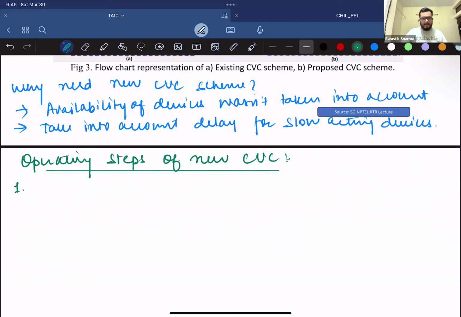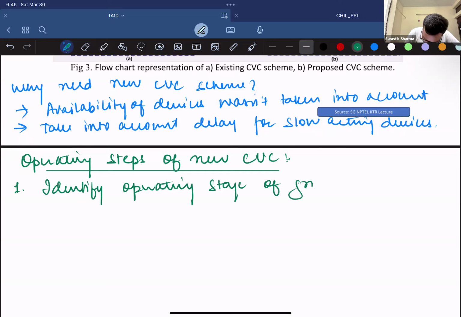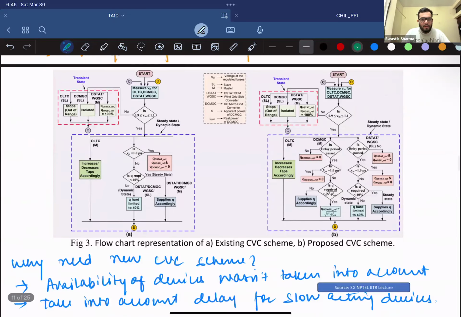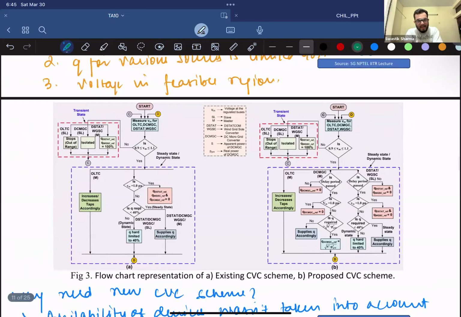So the first step was to identify the operating stage of the grid, right? You have all the information available to you, but if you want to start proposing a control command, you first want to know the stage of the grid, whether it requires help or not.